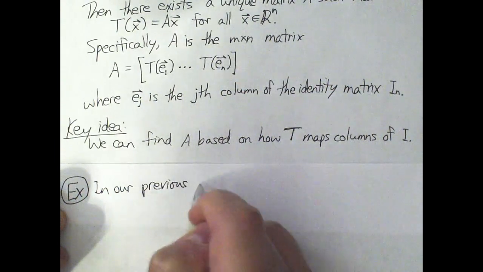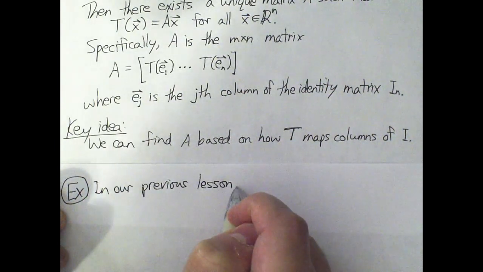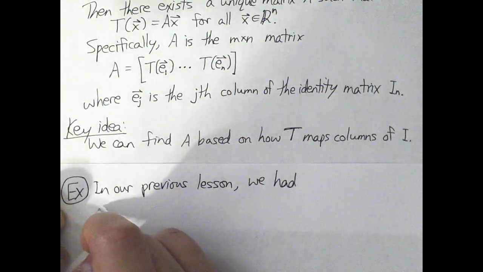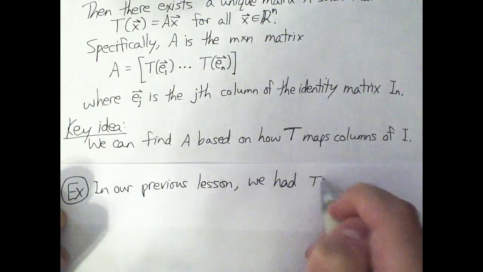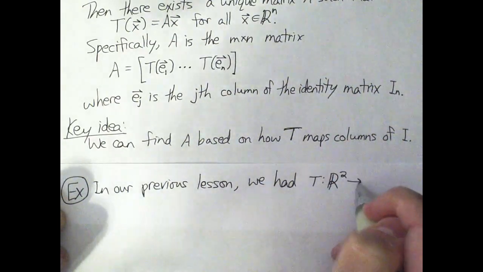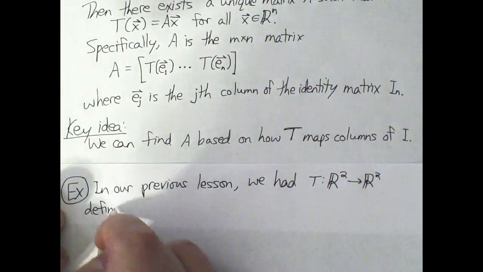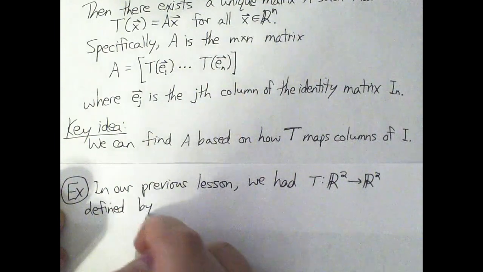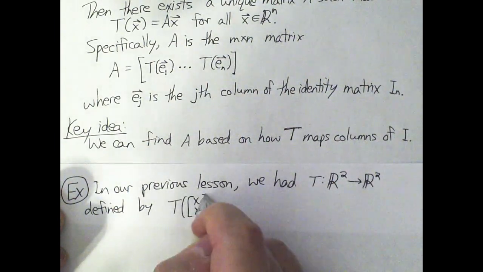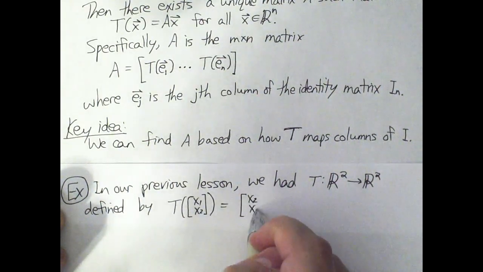In our previous lesson, the one right before this, one of the examples that we looked at was a transformation from R2 to R2 defined by T of x1, x2 equals x2, x1.